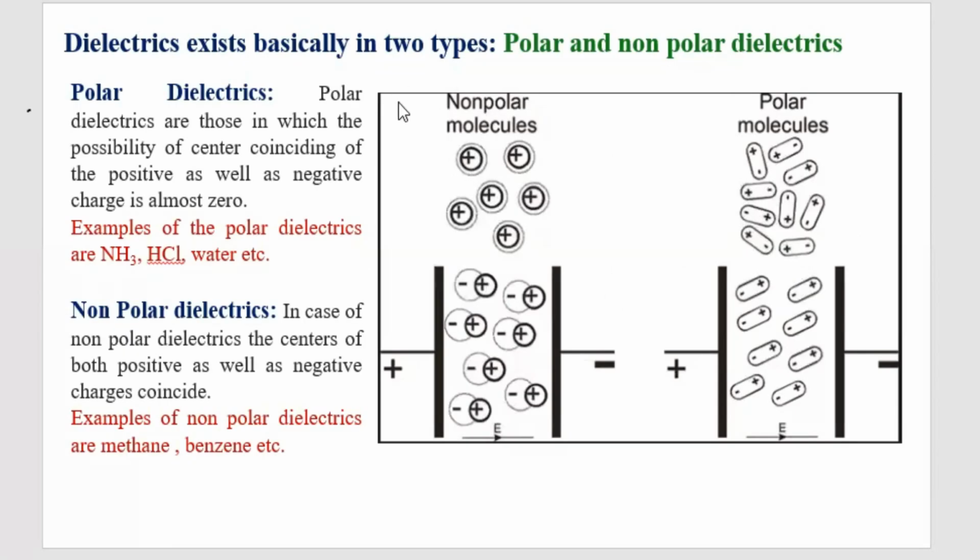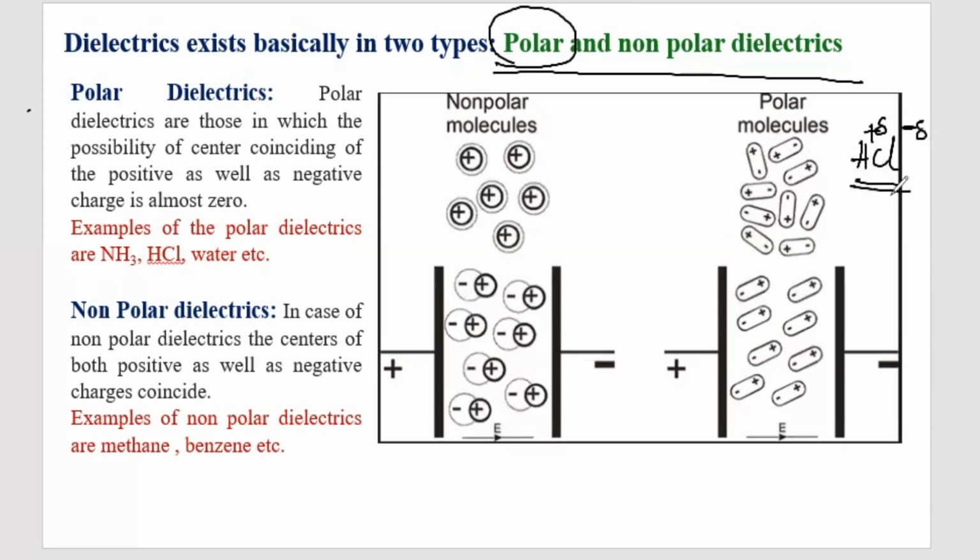So there are two types of dielectric materials: one, polar materials, and two, non-polar materials. Polar means that positive and negative charges already exist in the molecules itself. For example, we can take HCl. Hydrogen will have the partial positive charge and chlorine will have the partial negative charge.